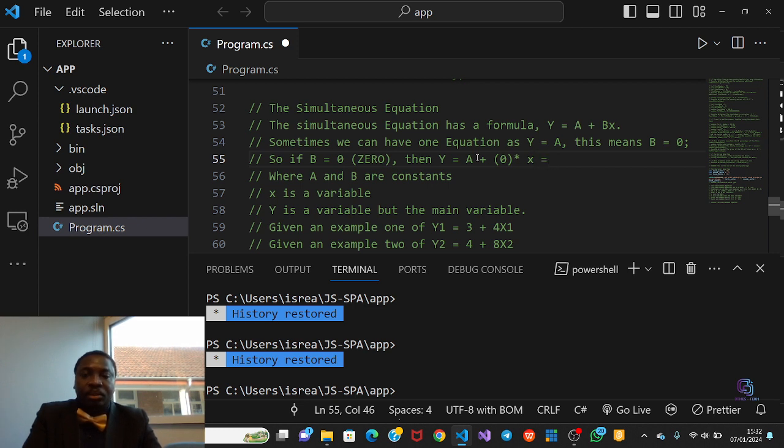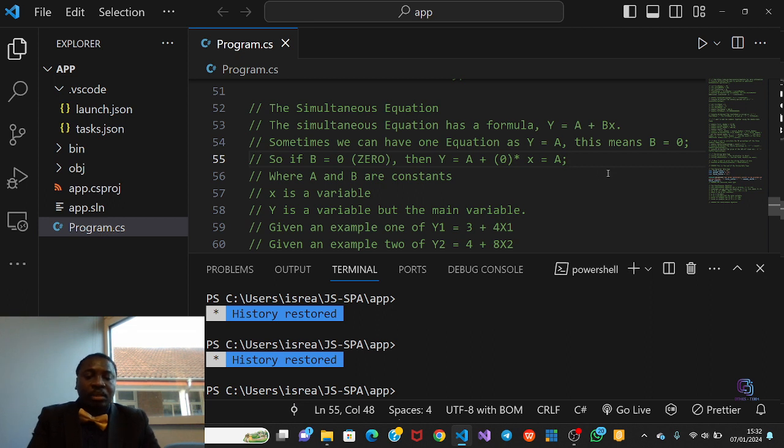That will now equal a automatically. It should now be what? A automatically. So that shows that anything multiplied by 0 is 0.